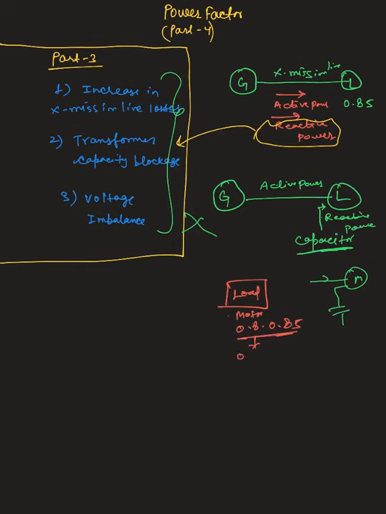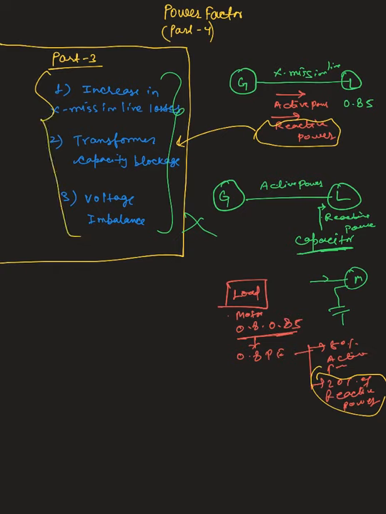The 0.8 power factor means it has 80% of active power requirement and 20% of reactive power requirement. Now we understood that because of this reactive power there are so many problems, as I showed here, all the three problems.